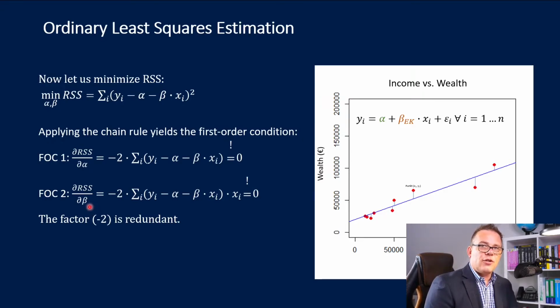Both derivations have to be set to 0. That's why I have this exclamation mark here above the equivalent sign. We have to set them to 0, both of them. By setting them to 0, the derivations become first order conditions. So this is our first first order condition, and this is our second first order condition.